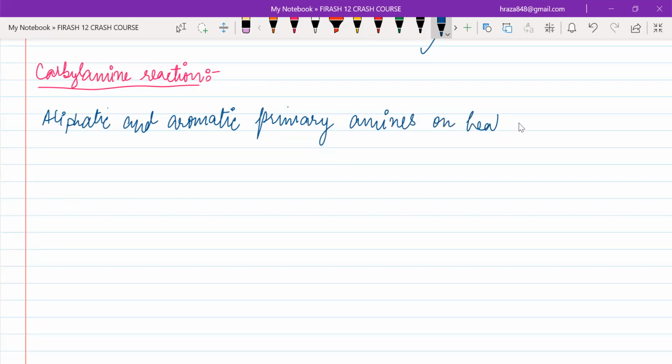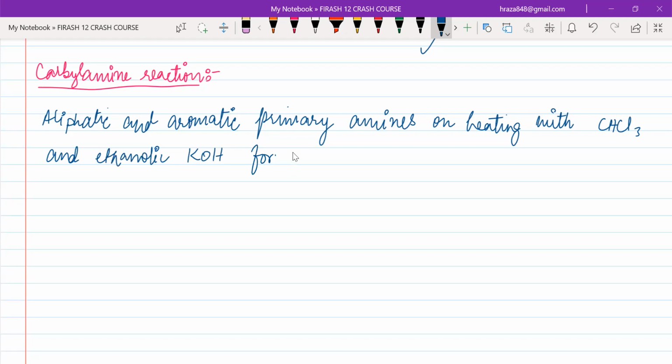On heating with chloroform, that means CHCl3, and ethanolic, that means alcoholic, potassium hydroxide, it forms or produces isocyanide, or we can say carbylamine.